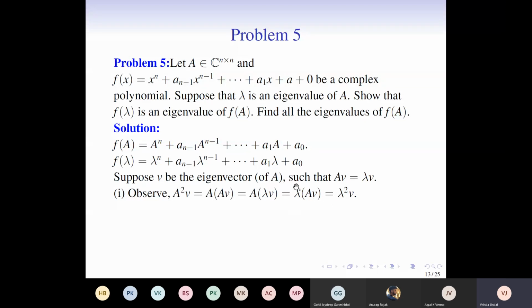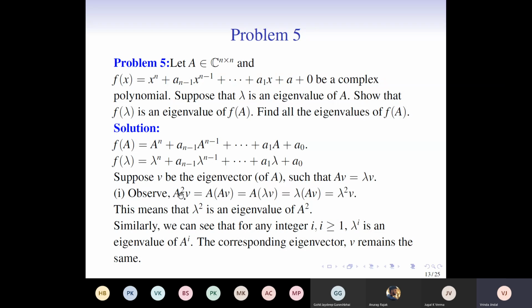A of v is again equal to lambda v, so you get lambda square v. So A square v is equal to lambda square v. You just keep on doing this, pre-multiplying by A any number of times, and you will get A raised to power i v is equal to lambda raised to power i v.